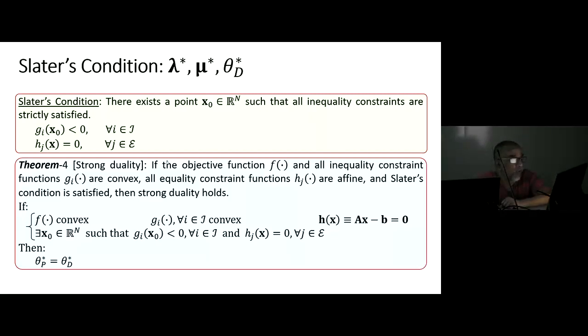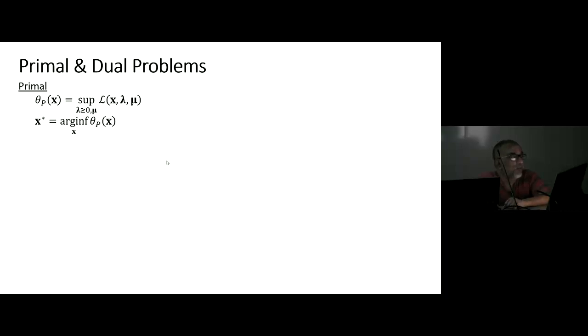Okay, so this is the primal problem. This is the primal function here, theta p, and this is the x-axis, the primal variable axis. This is theta p star, at the minimum of theta p.